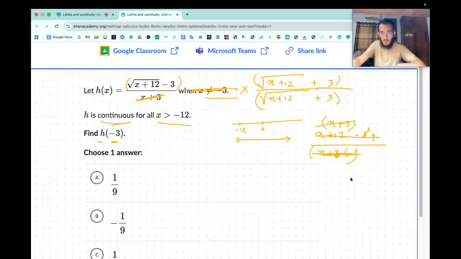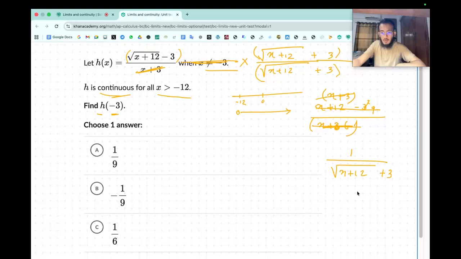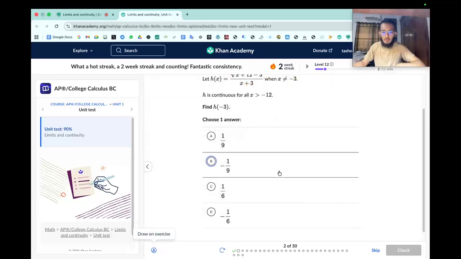So above we only have 1, and in the denominator we have the square root of x plus 12, plus 3. Now we can insert negative 3 here. So 1 upon the square root of negative 3 plus 12, which is 9, plus 3. So we have 1 upon 3 plus 3, or 1 upon 6. There we go.